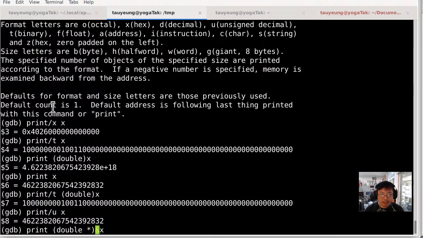Then I can say, well, if it is a commercial site, I want UPS to deliver something to this commercial site. Give me a price quote of that. So the final asterisk, which is this one here, is now interpreting and saying, let's find out what is the value of this location. What location are we talking about? It is the location of a double, because we casted the address already at this point, so we are looking at the address of a double.